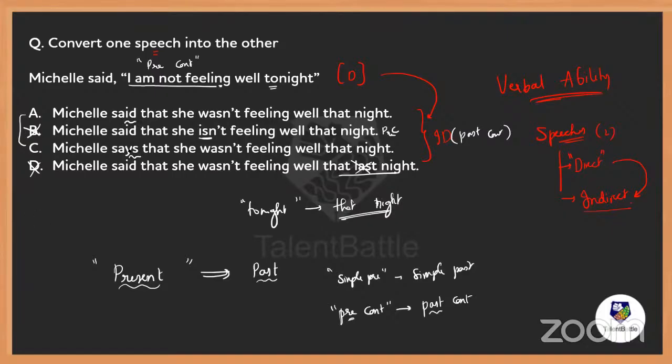Now, can I say says, everybody? No, you are reporting a sentence that is already done. So you have to say it like a past sentence, which means it should be said only, so option A must be the answer. Is that crystal clear, everybody, how to convert one tense into the other? Yes or no? Everybody, is that clear?